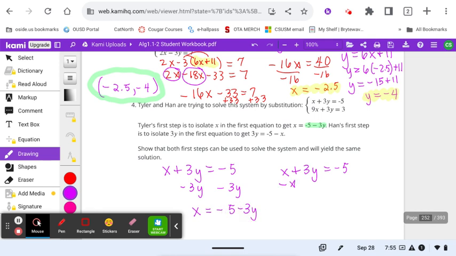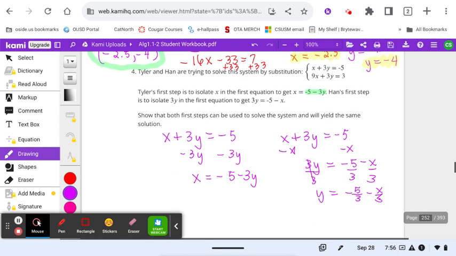One student chose to move the x's in order to isolate the y's. Both are valid steps because I need an isolated variable to plug in. Here's an isolated y, here's an isolated x.